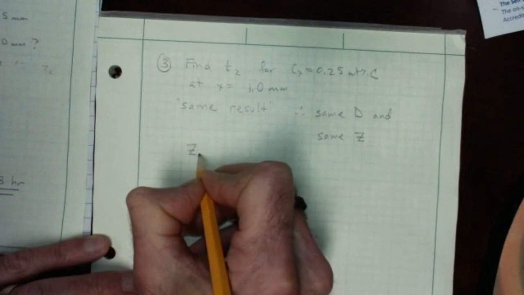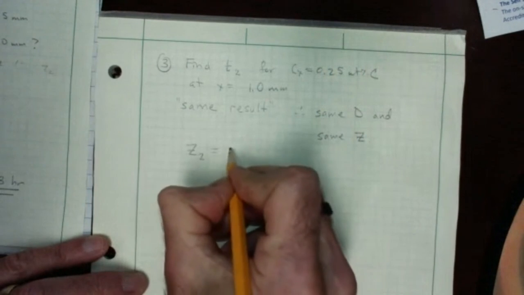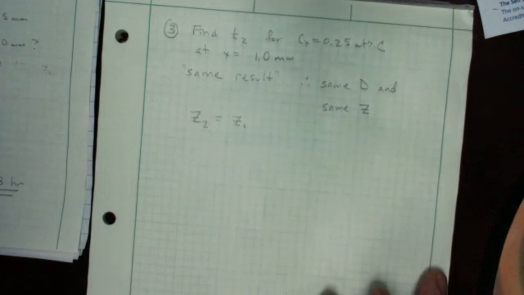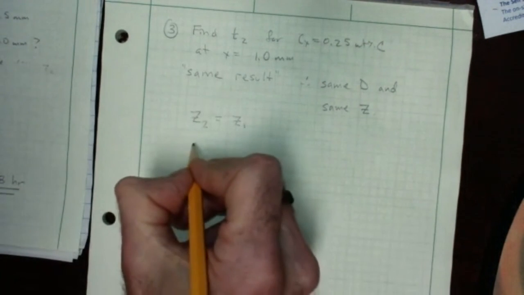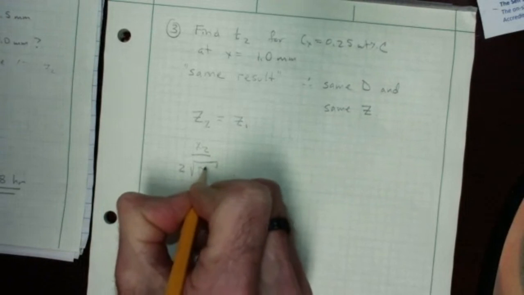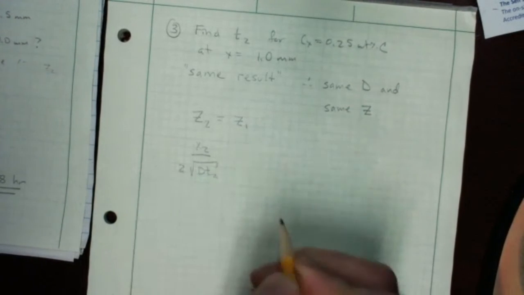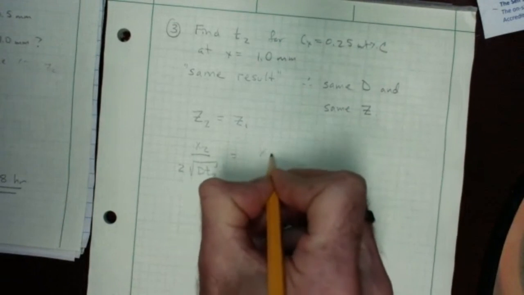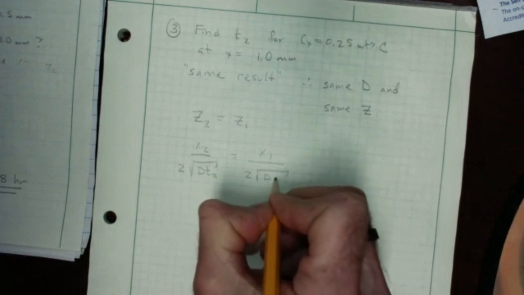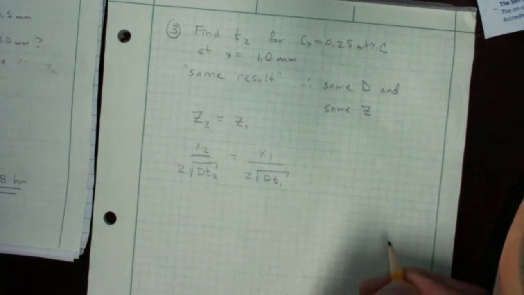So Z2 is equal to the Z from the previous problem. And Z2 is x2 over 2 times the square root of Dt2, and that's equal to x1 over 2 times the square root of Dt1.